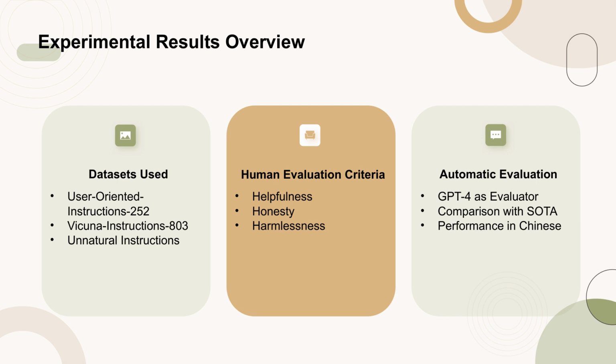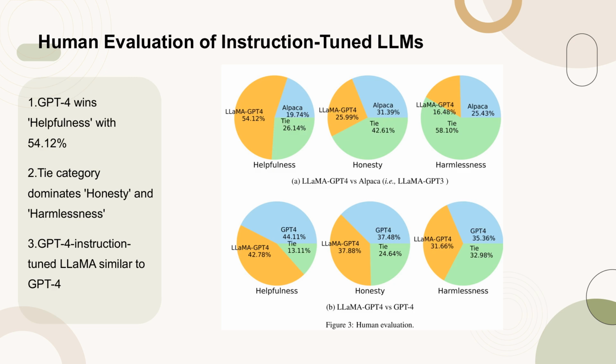Figure 3 presents the results of human evaluation on the alignment quality of instruction-tuned large language models, LLMs. The evaluation is based on the helpfulness, honesty, and harmlessness, HHH, criteria.